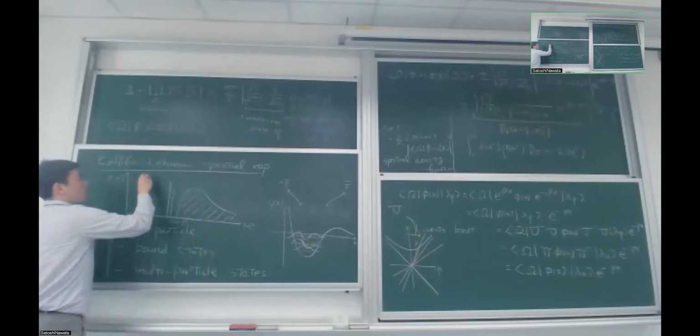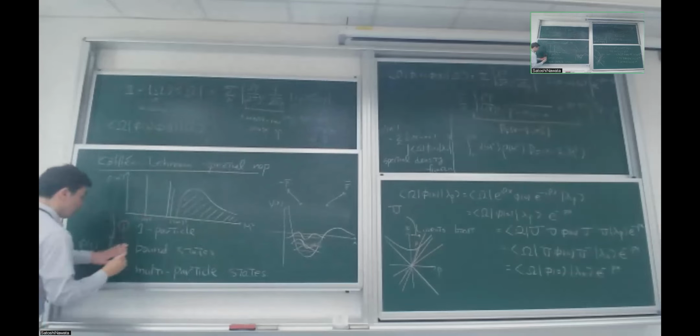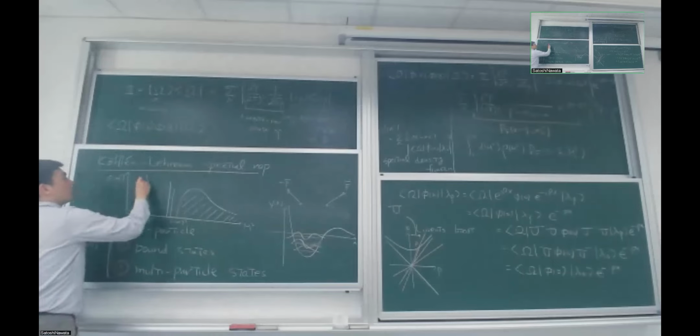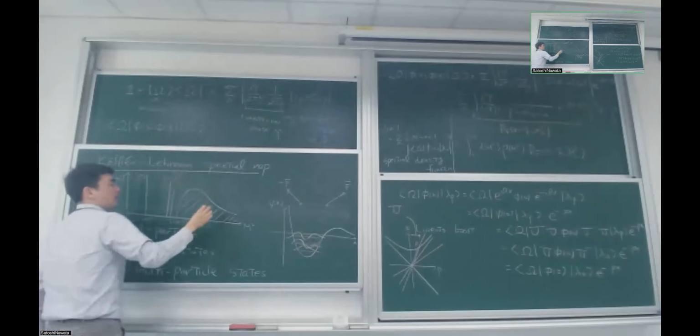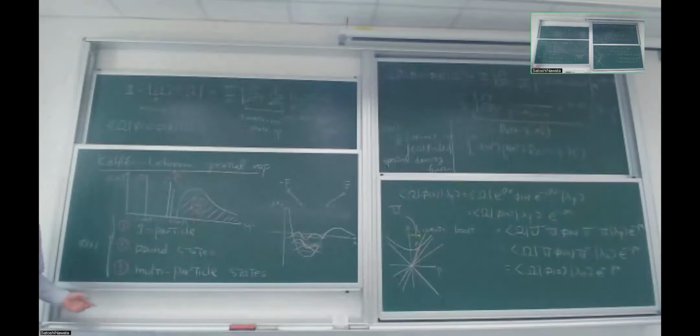So these are one particle, number one, number two, number three. This is number one, these are number two, and this is number three. This is a typical form of the spectrum of states in an interaction theory.